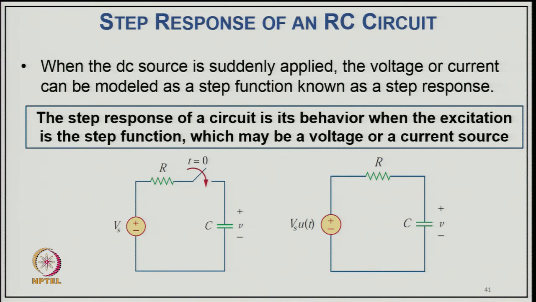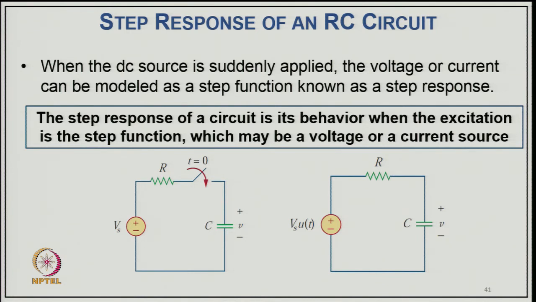As you can see here, we have an independent DC voltage source with a resistance and capacitance, and the capacitor may have an initial charge in terms of voltage V. When we close this switch at t equal to 0, the circuit becomes as shown, and depending on the values, the capacitor may be charged.